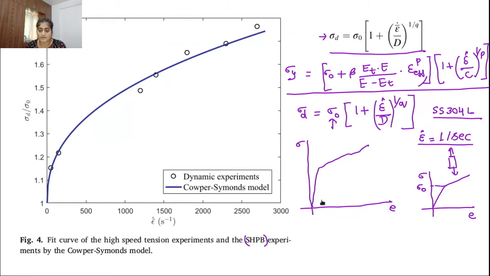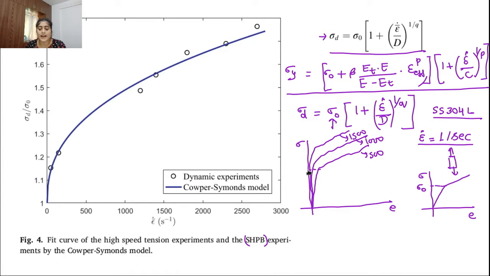Suppose like this: this is for a strain rate of 500, this is for 1000, this is for 1500. For 500 strain rate, this is your yield stress.